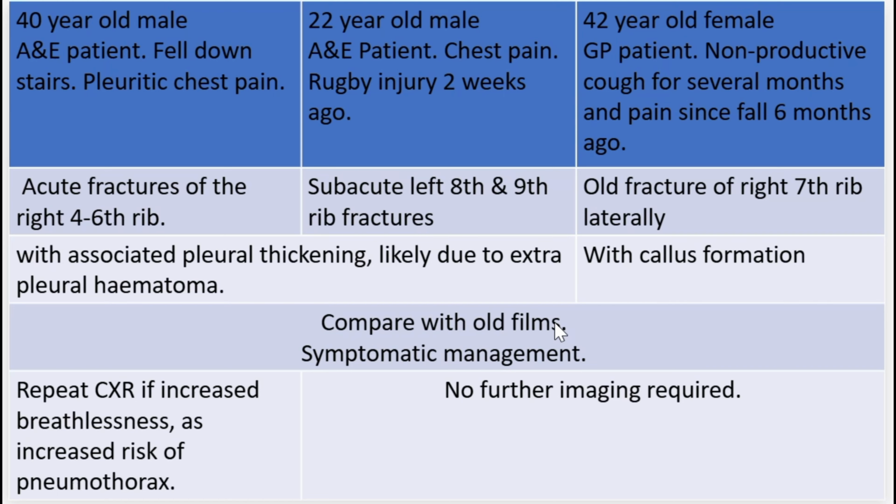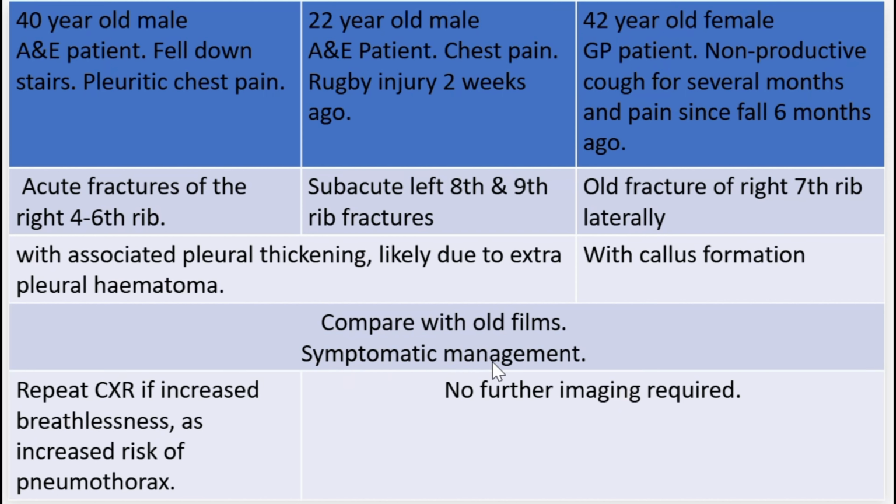I would compare with old film, symptomatic treatment. If the patient is symptomatic, but he doesn't have any symptoms here, only non-productive cough. No, he has pain. Yeah, he has pain since the fall 6 months ago.